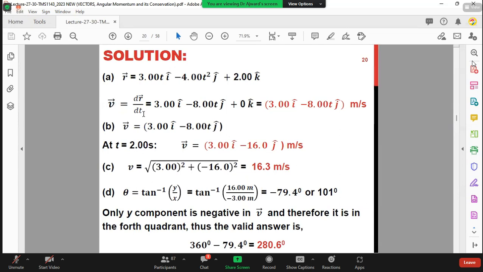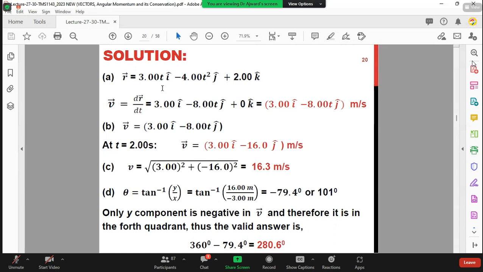It can be pointing in any direction in your XYZ coordinate system. So to find the velocity, again, you just take the derivative, but now instead of x, you have the r vector. Here you take the derivative of the first term.